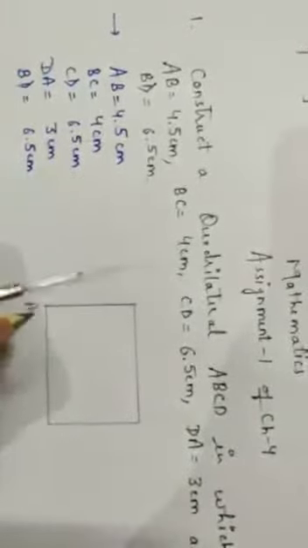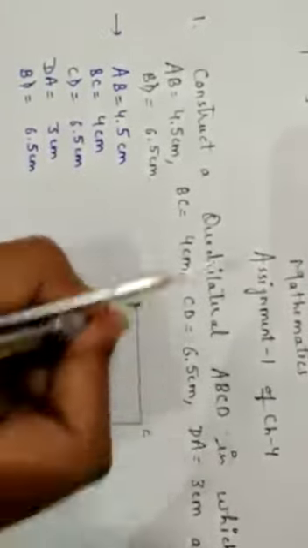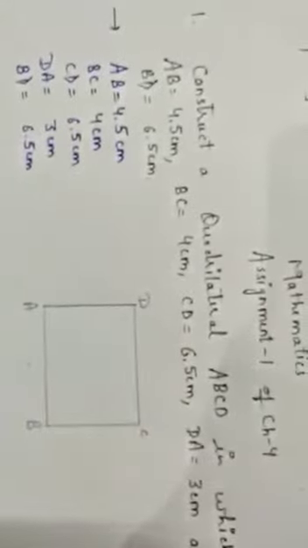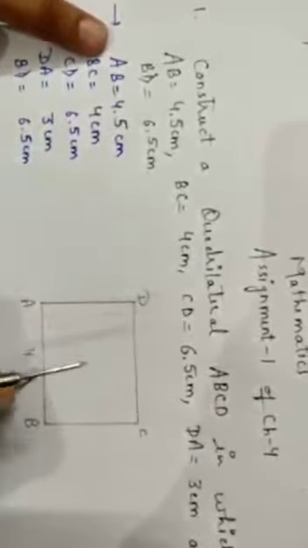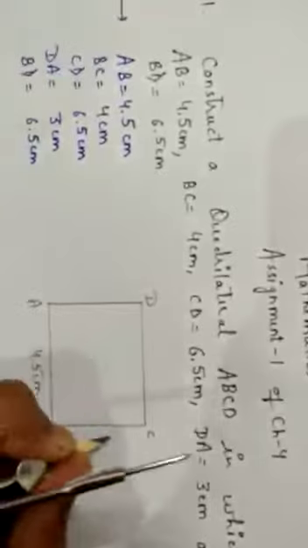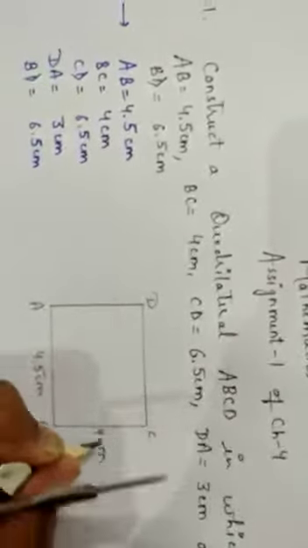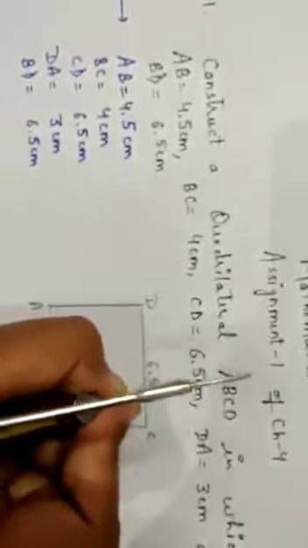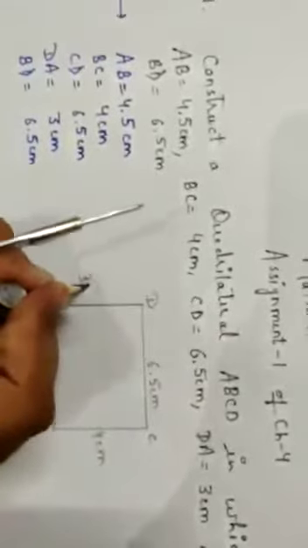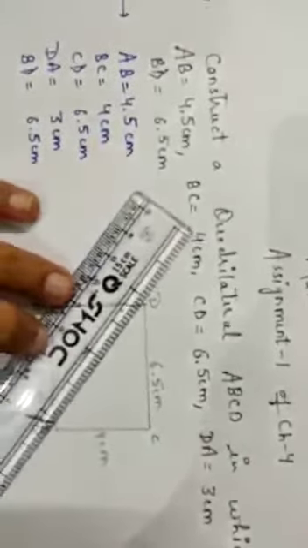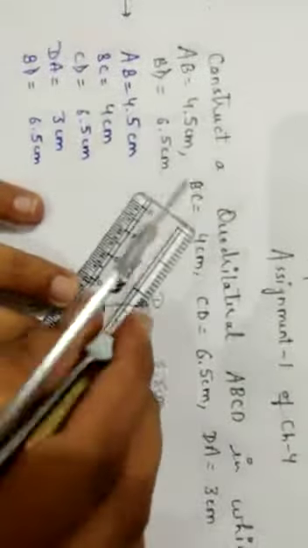So it's your A, B, C, D. Now just label it. AB 4.5 centimeters, BC 4 centimeters, CD 6.5, DA 3 centimeters, and this diagonal BD is 6.5.